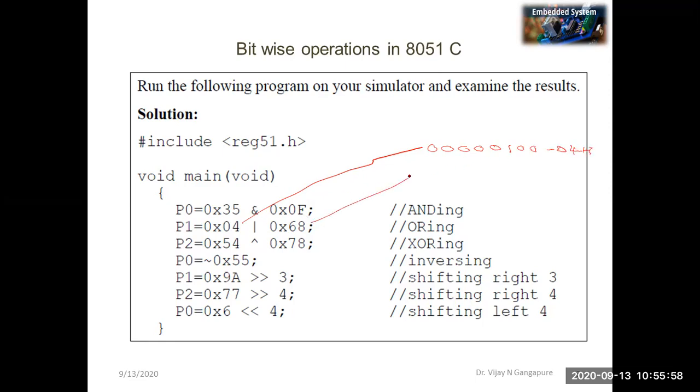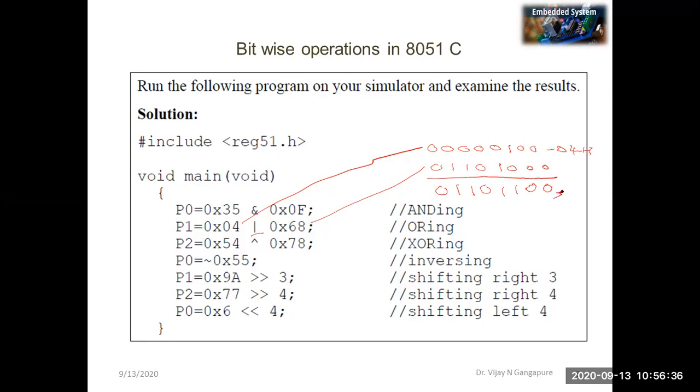Next, 68: 0 1 1 0 is 6, and 1 0 0 0 is 8. Now between these two bytes, 04 and 68, there is a bitwise OR operation. Between the first two bits, 0 and 0, bitwise OR produces 0. Again 0 and 0 produces 0. 1 and 0 produces 1. 0 and 1 produces 1. 0 and 0 produces 0. 0 and 1 produces 1. 0 and 1 produces 1, and 0 and 0 produces 0.